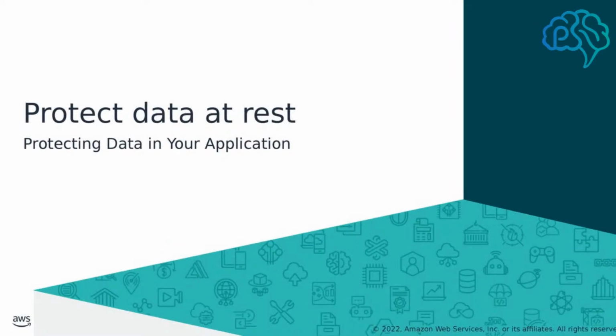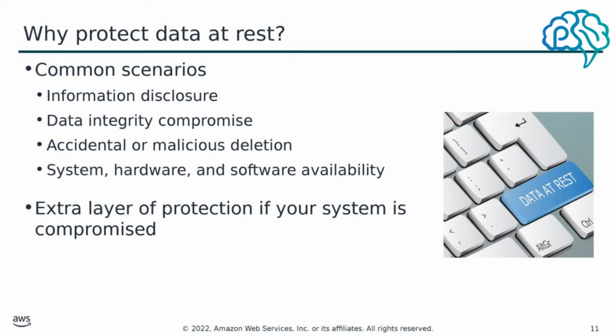So let's go ahead and talk about how to protect the data at rest, which is a critical step in reasoning about data. If we think about what the main concerns are, it's important to encrypt the data when it's at rest so that it's secure.